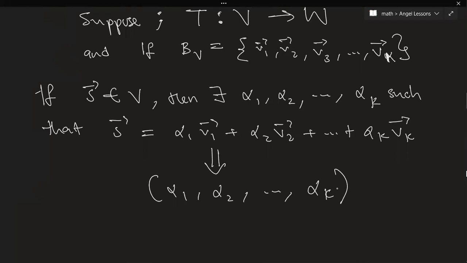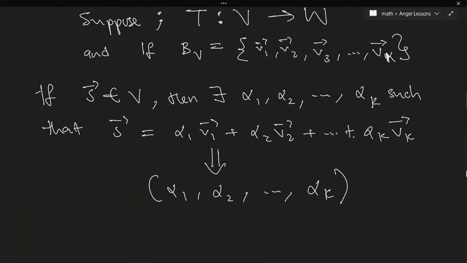You should not write alpha K here or alpha 3 there, because we want to make sure there is uniqueness. Are we clear now with what we mean by a coordinate with respect to a basis?